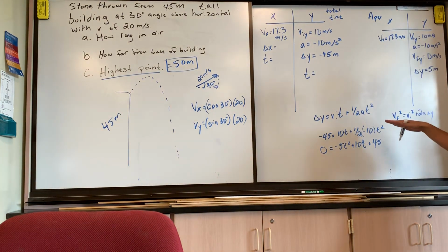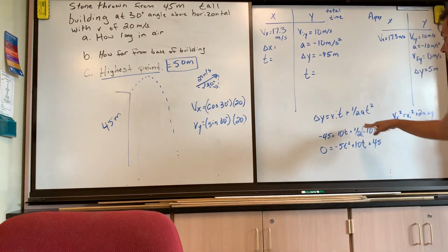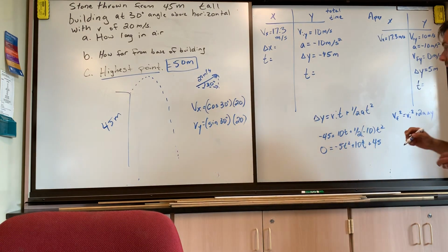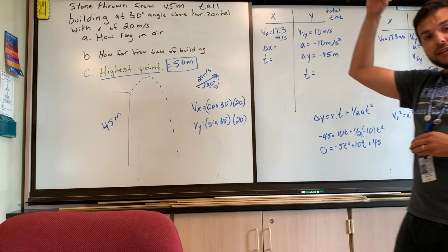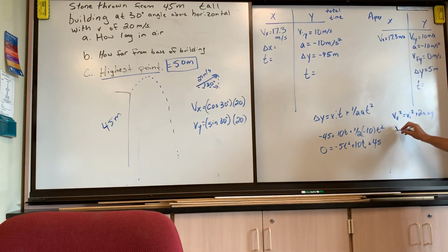Now I'm going to use this apex part to help me find the total time. It's a little bit of a different way than using the quadratic equation, but it's still going to give me the same values. Can I find the time to the highest point? Well, for that one, I would use Vf equals Vi plus at. And when I plug my values in there, I get a time of 1 second. Boom.